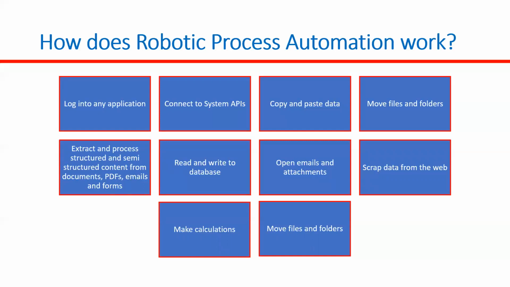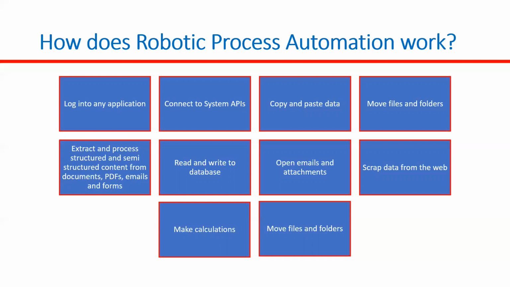So if we want to read data from a database using select queries, all that can be done very quickly using UiPath. We can make a connection to that particular database, and we can use select queries to read the data. Also, if we want to write the data back to the database, we can do that very quickly using UiPath.